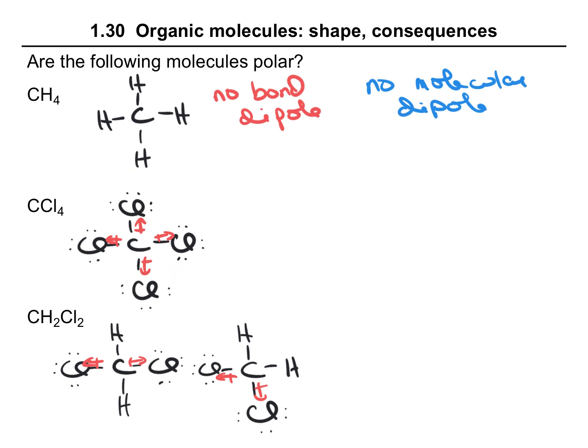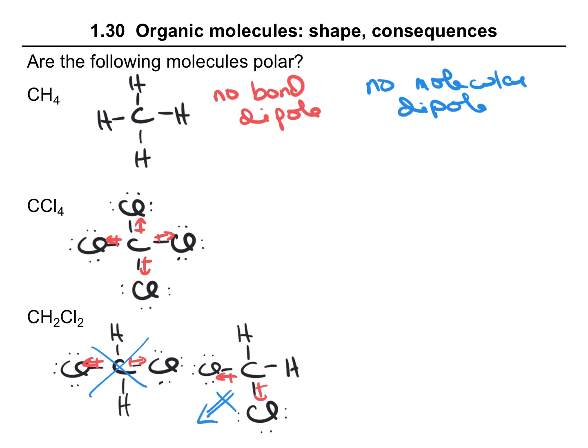Before we talk about this one, I'm going to skip ahead and let's look at this one. So if we were to consider molecular dipole, we could look at this representation and say that our bond dipoles are equal and opposite directions. Therefore, there is no molecular dipole, and so we would expect this to be nonpolar. But wait a minute, if I happen to draw it like this, then I would say that we do have bond dipoles and they're going to add up together to give me something like this.